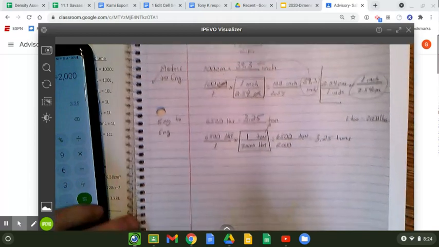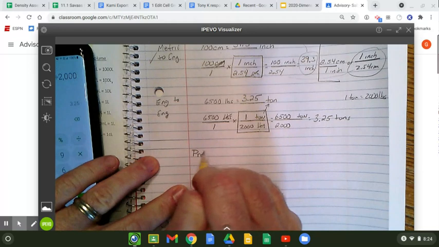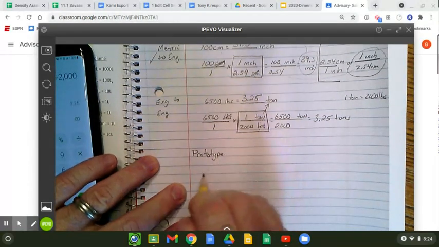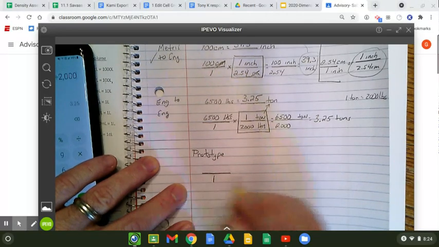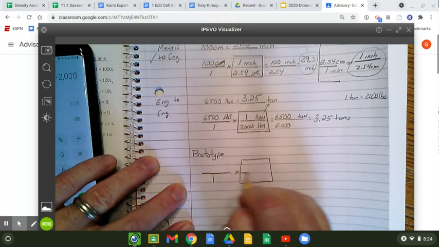So far, so good. When you think of it, this is the prototype that you would follow. I'm just going to write this. You have your fraction over 1. You have your conversion factor.